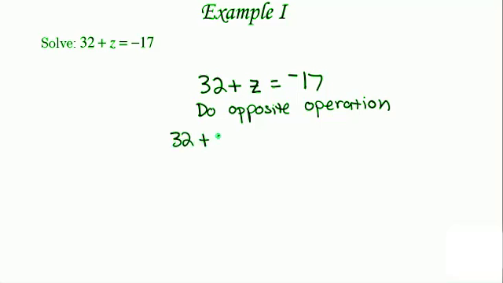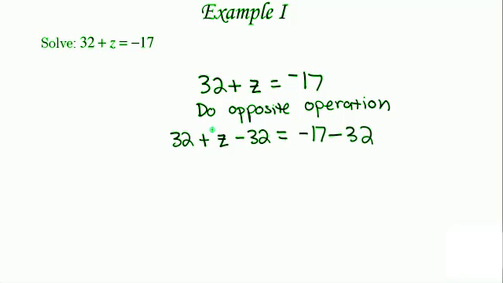32 plus z, subtract 32, equals minus 17. And it is absolutely crucial to also subtract 32 from the other side, because if you don't, the equation will no longer be true. What happens on the left is the 32's cancel out.